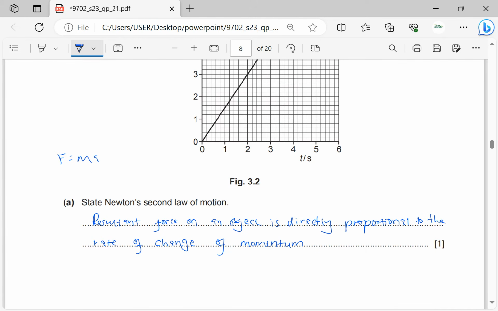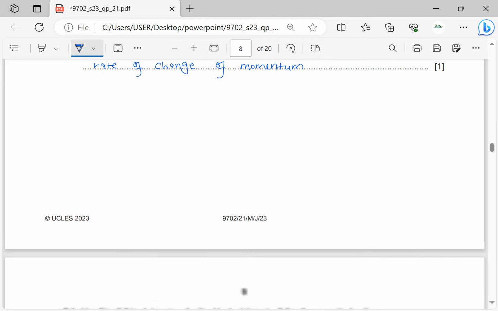The resultant force, it must be resultant, or the net force on an object is directly proportional to the rate of change of momentum. In other words, force is directly proportional to the change in momentum over time, but this force must be the resultant force.